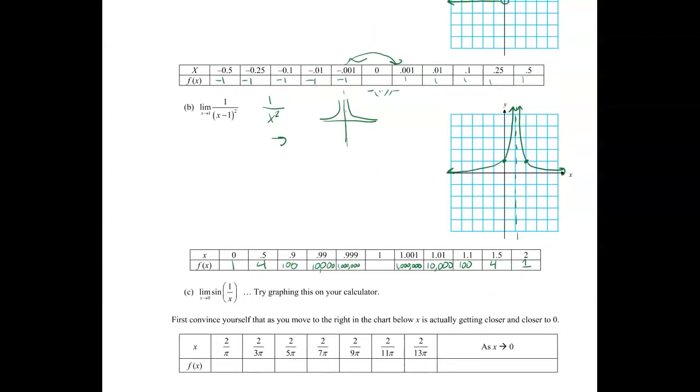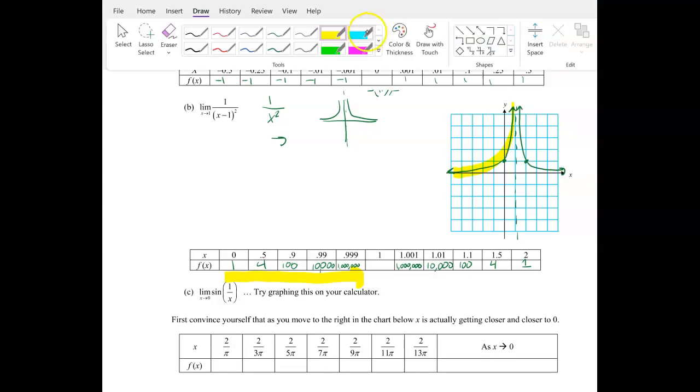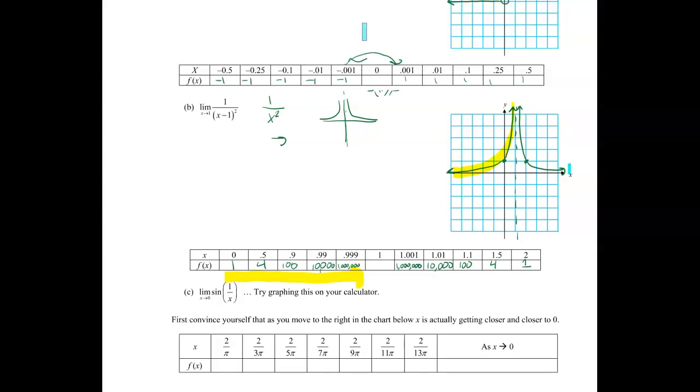So what is happening? From the left side, it is getting larger and larger and larger each time. It's not really approaching any one number, it's just getting infinitely larger, which is a problem. And then from the right side of my graph, that same thing is happening.